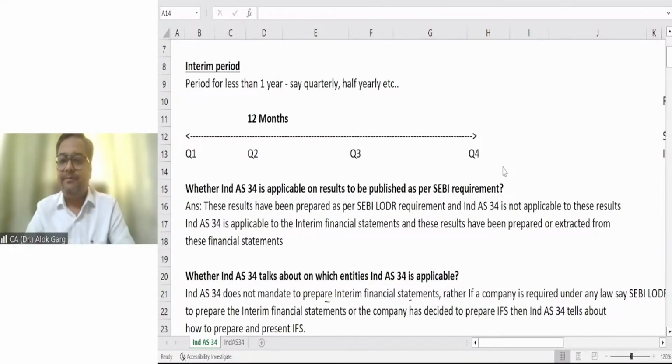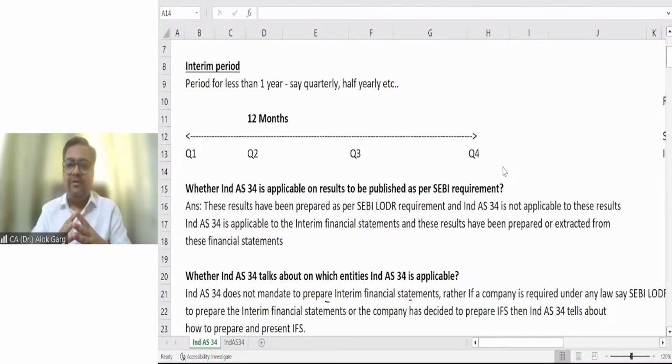Now you tell me, if they need to file the results to the stock exchange, to the Securities and Exchange Board of India, how are these results getting prepared?